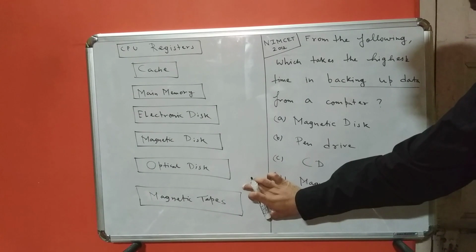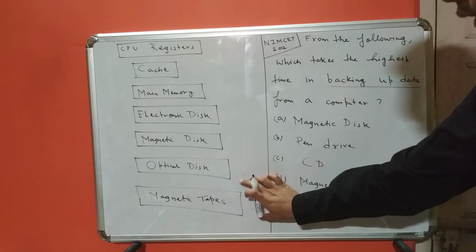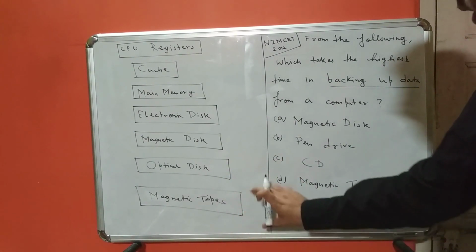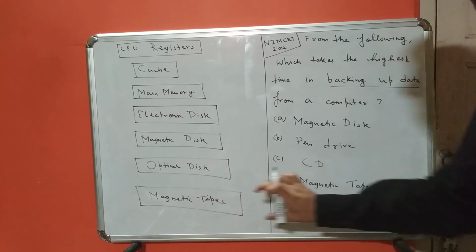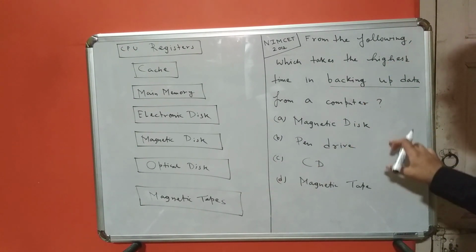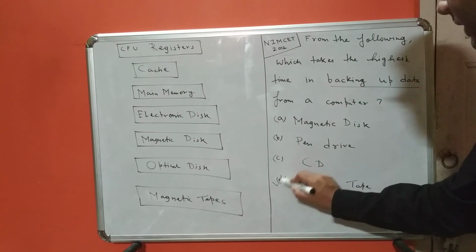And magnetic tapes will have the maximum time to retrieve data. So its access time is the highest. Looking at these options, you can probably understand by now that magnetic tape is the answer.